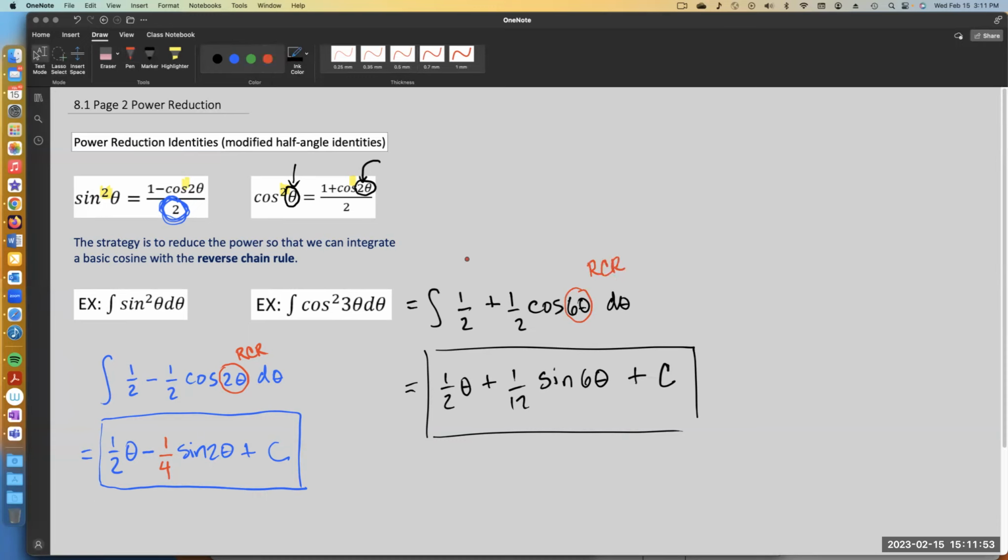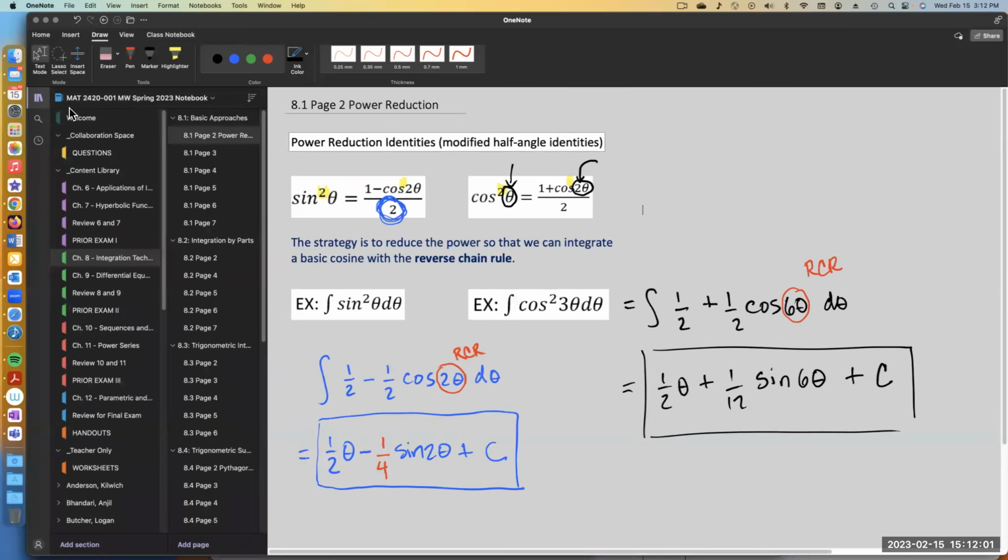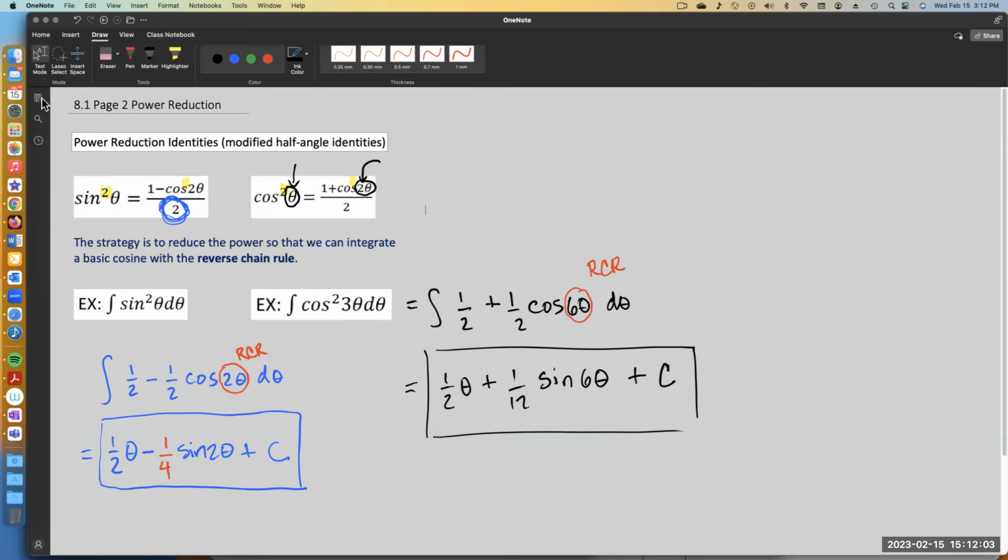All right. So those are 2 identities that you'll definitely want to have memorized, because we're going to see those quite a bit. So we should memorize the power reduction, right? Basically the answer of 2 sine and cosine, right?